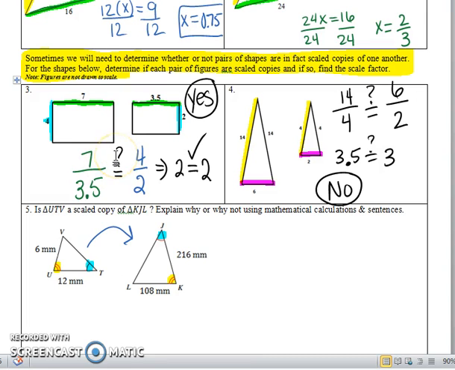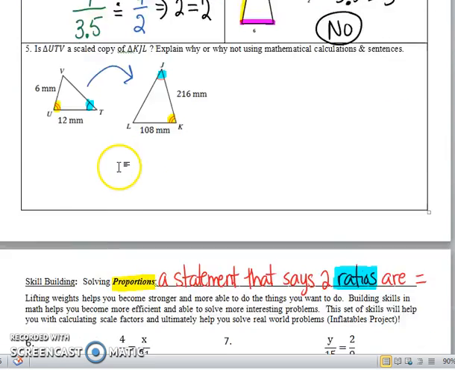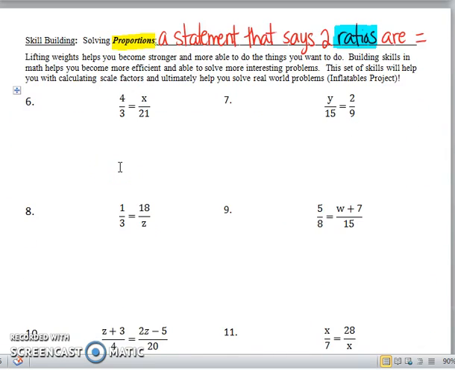So remember when we had set up these two fractions and we had to see if they were equal to one another, that's essentially what you're doing when you're finding scale factors and determining the scale factors of two shapes.